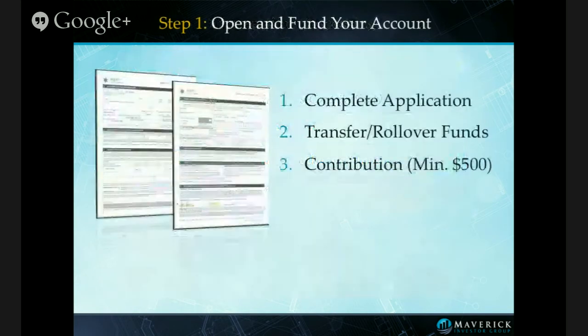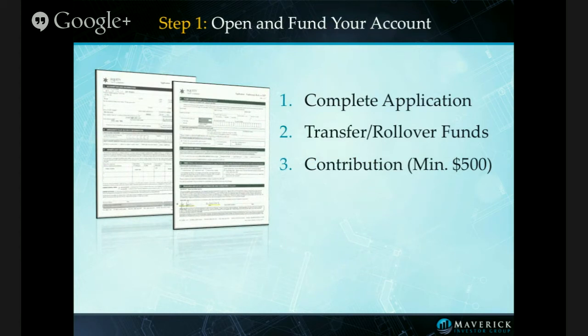As you talk about opening and funding an account, basically there's an application. We'll help you either move funds from existing retirement accounts into this account or contribute. If you're starting to make contributions, there's a minimum contribution of $500.